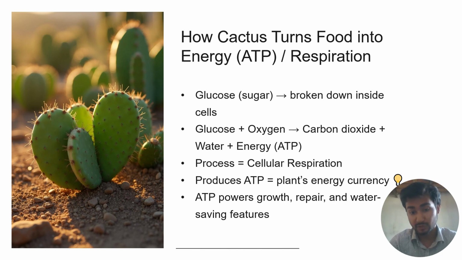They produce ATP, which is basically the plant's energy currency. ATP powers their repair and their water-saving features. Everything that makes it special comes from ATP. In fact, everything that makes any plant special comes from ATP, which happens through the respiration process where they use glucose and oxygen to produce carbon dioxide, water, and energy.